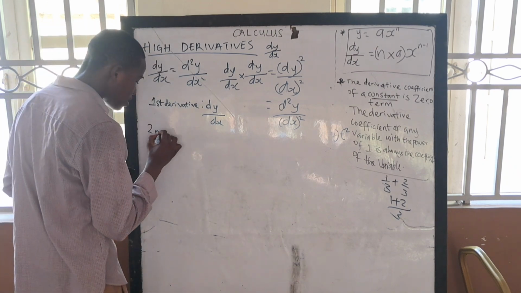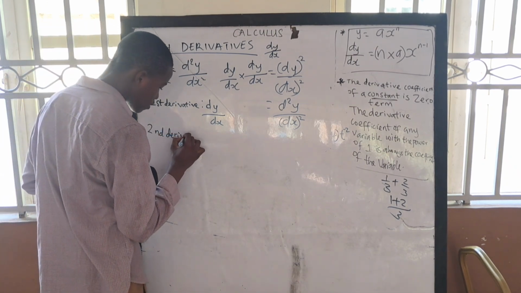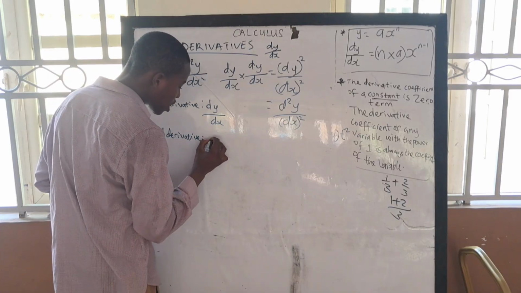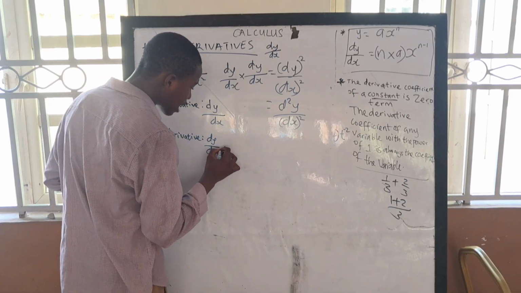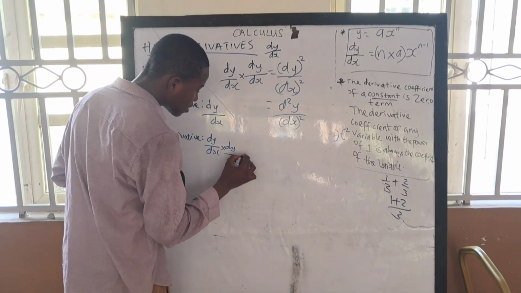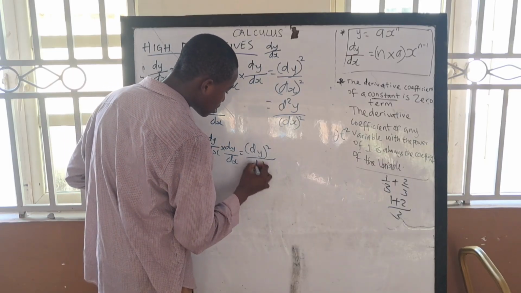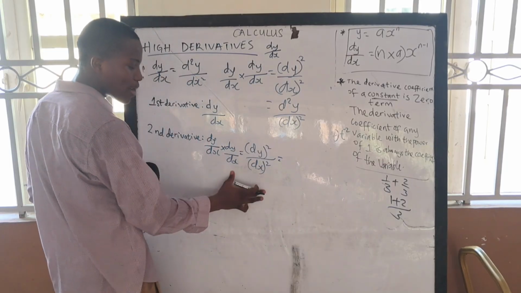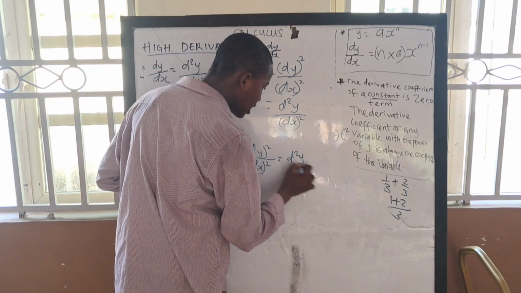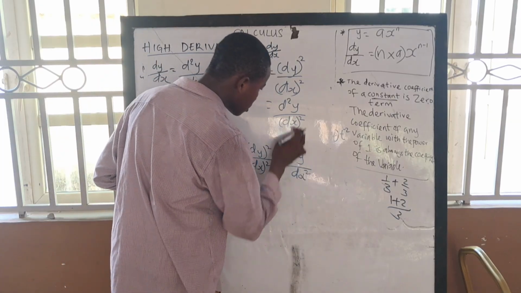Our second derivative, that we're having dy dx times dy dx. So that's dy all squared over dx all squared, which in a normal mathematical form, we write as d squared y over dx squared. Right?